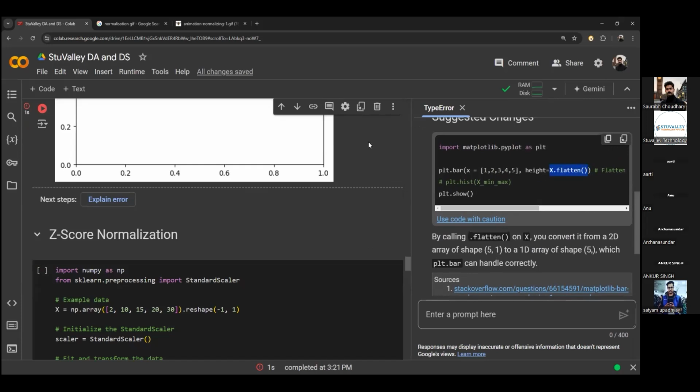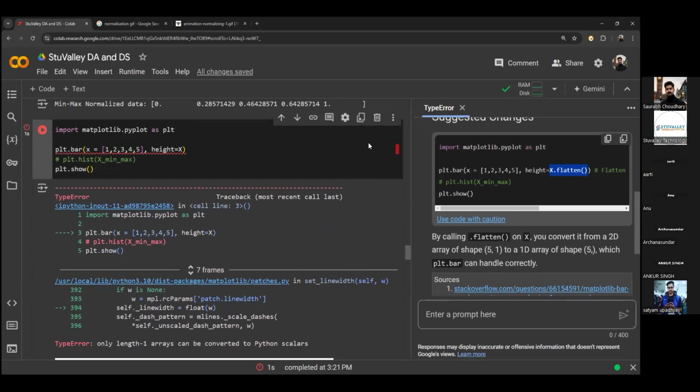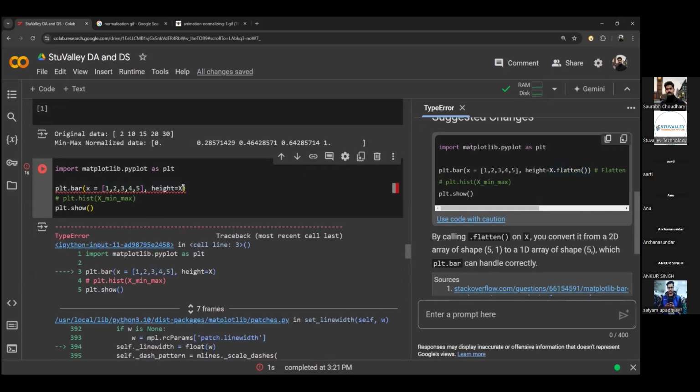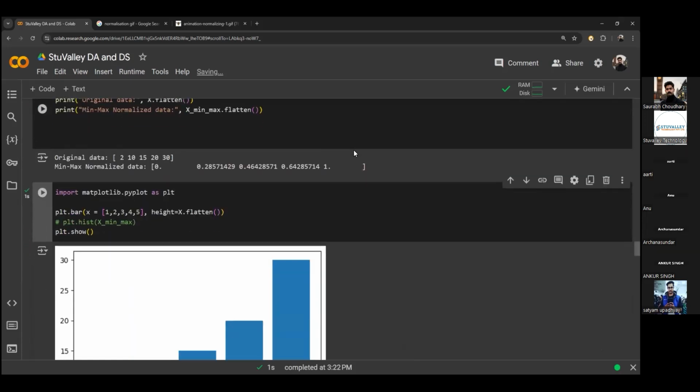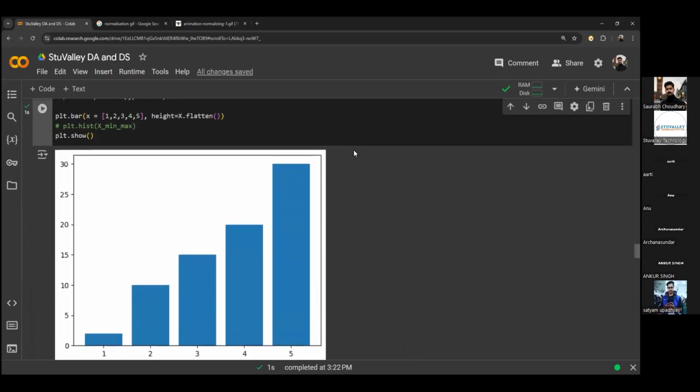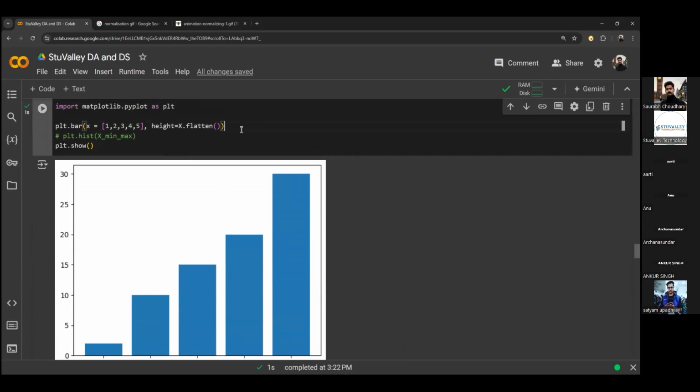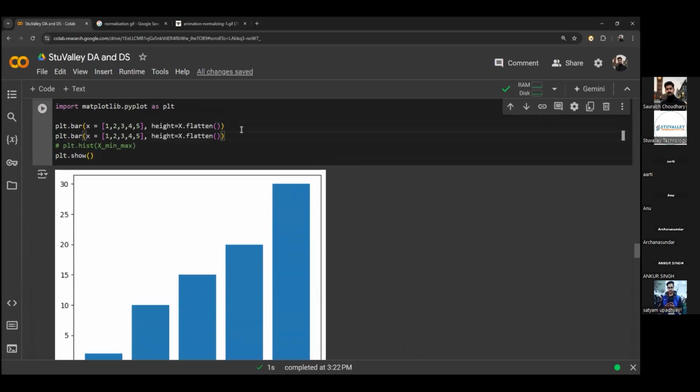Oh, sorry, sorry. My data should be flattened. Yes, so this was the original data we have. Okay, so let me try and plot the new data now.